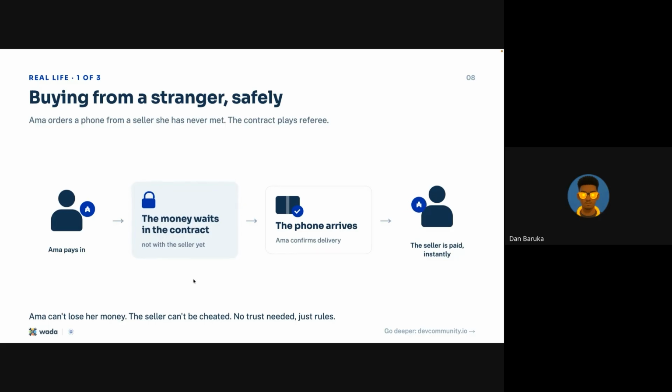We have another sample here of a smart contract, and here we'll stop and say, okay, we do this transaction so many times in our usual life, every time we go to the market buying stuff.